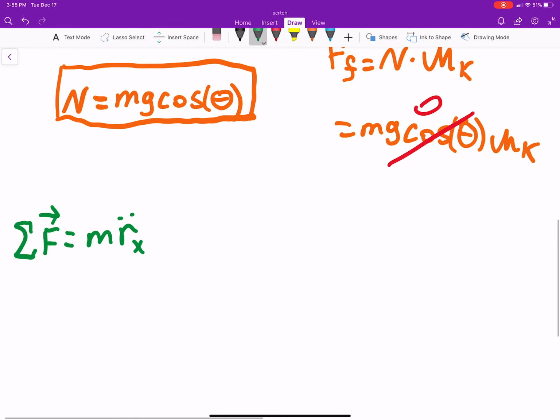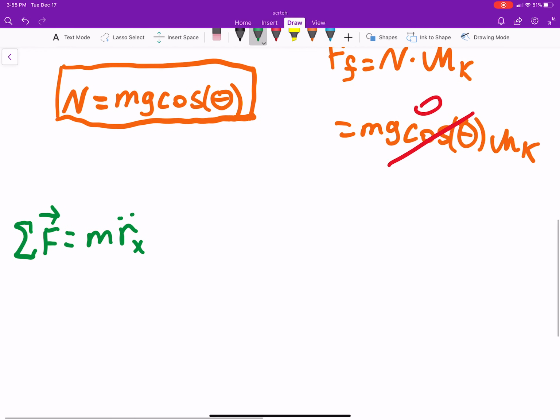So we would say mg sine theta is equal to m times the acceleration, or the second time derivative of position. You can divide both sides by the mass, and you'll see g times sine theta is equal to the second time derivative of position in the x direction.